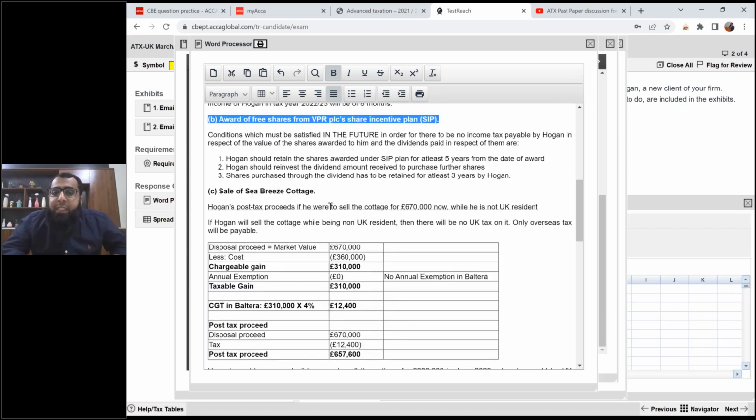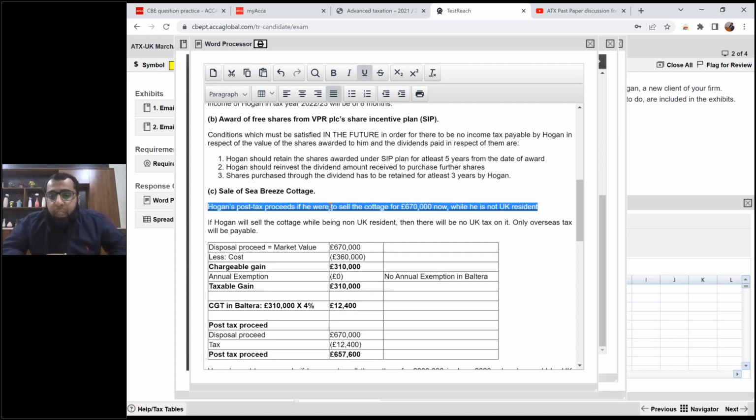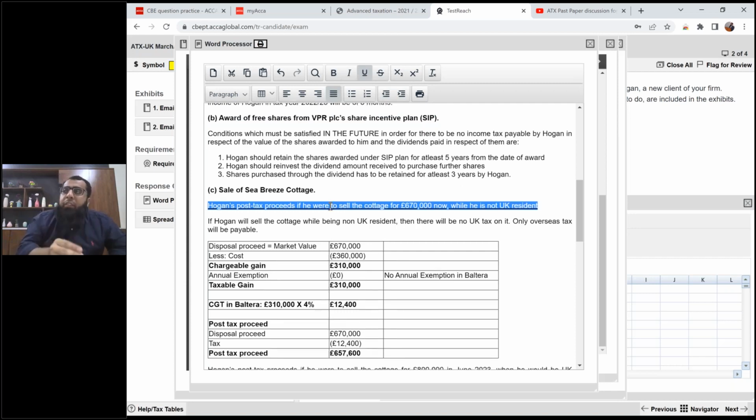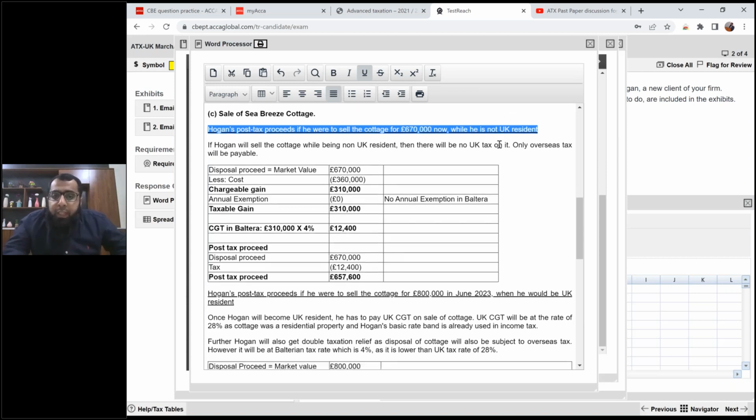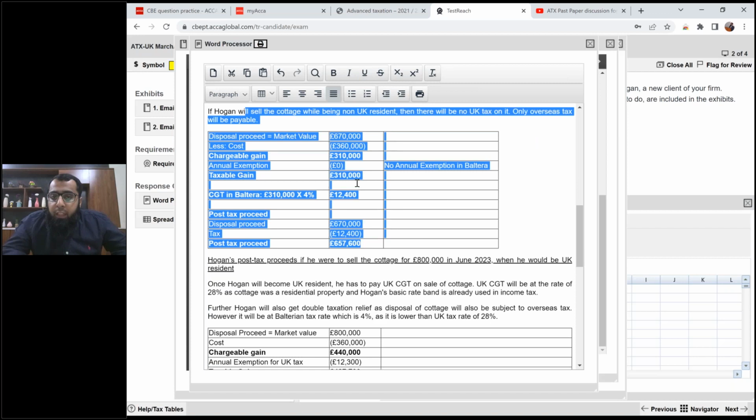Then comes the sale of Sea Breeze Cottage: Hogan's post-tax proceed if he were to sell the cottage now. Now he's not a resident. It is written while he's not resident. So if he's not resident, he will only pay overseas tax. The overseas tax is 4%.